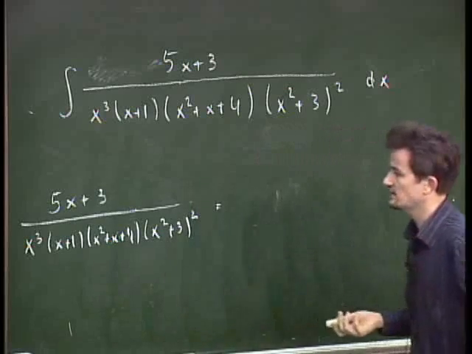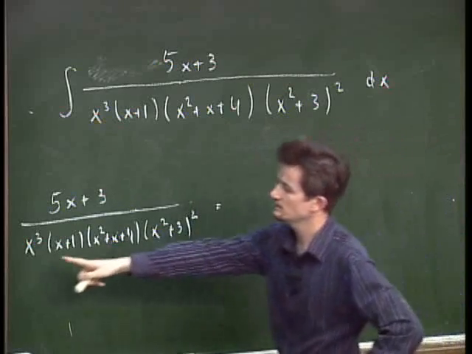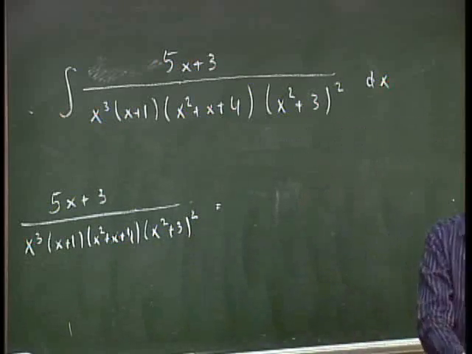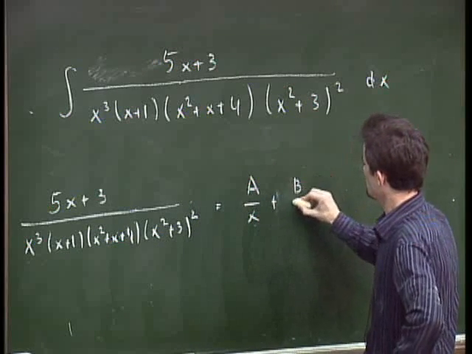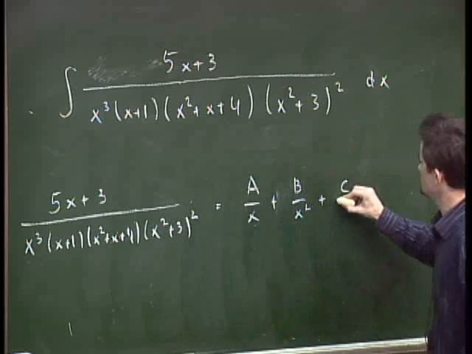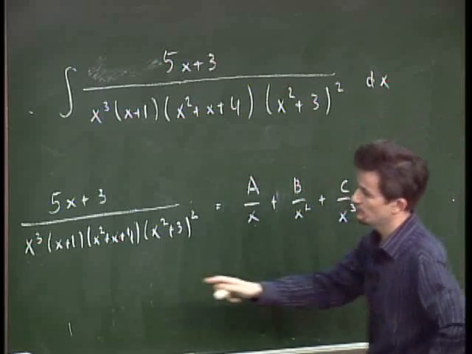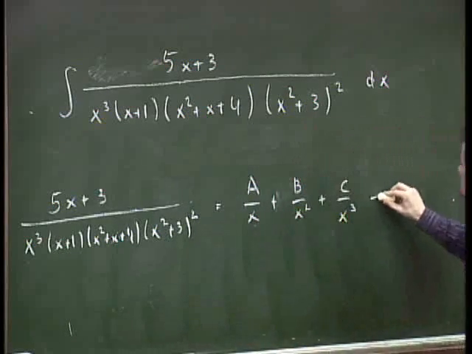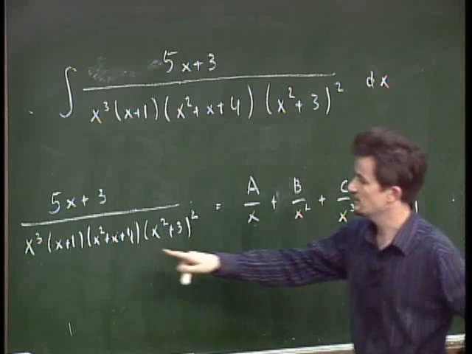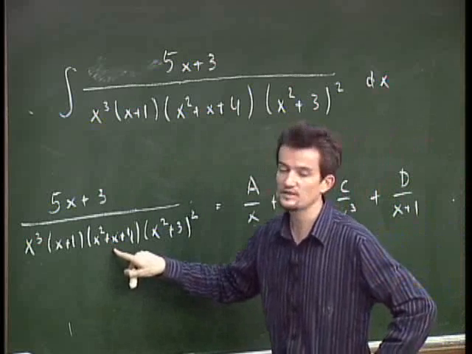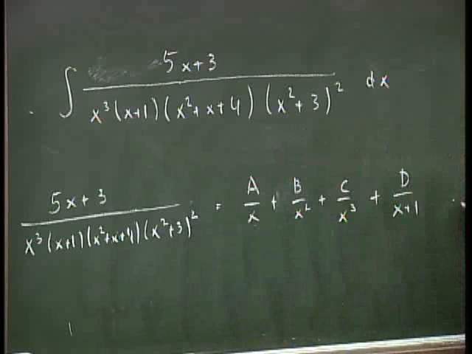In order to set up the problem, for this one you need 3 terms: a over x plus b over x squared plus c over x cubed. For this one, you need 1 term: d over x plus 1. For this one, you only need 1 because this irreducible quadratic polynomial occurs just once.